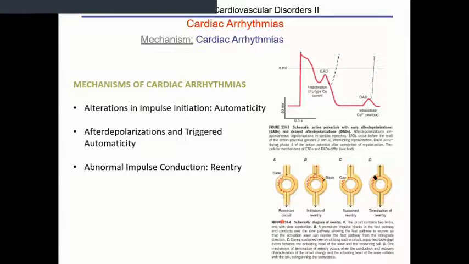So the block occurs in the pathway with the longer refractory period. And then slow conduction occurs down the other pathway, which has the shorter refractory period, allowing the blocked pathway time to recover excitability and sustain the arrhythmias.